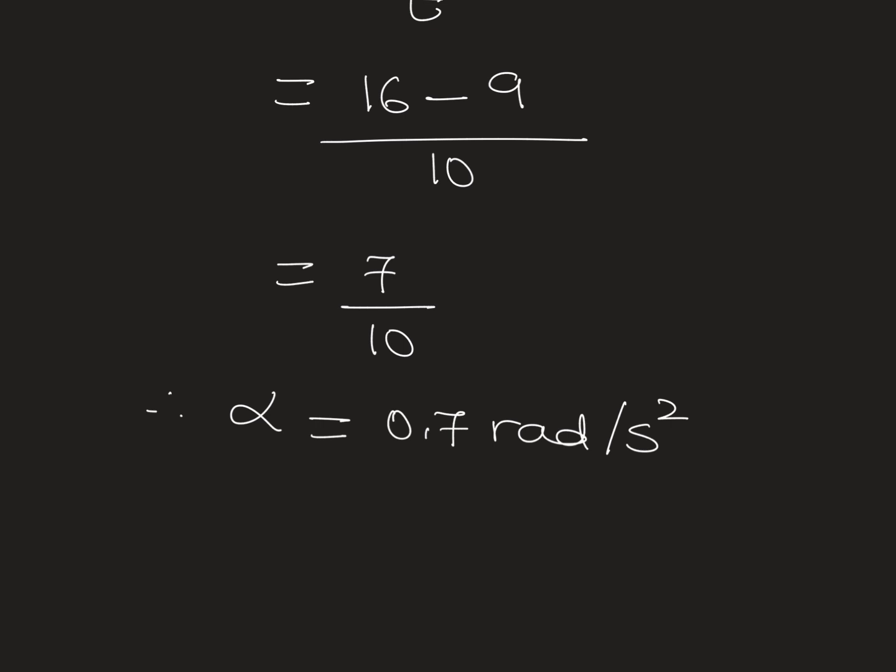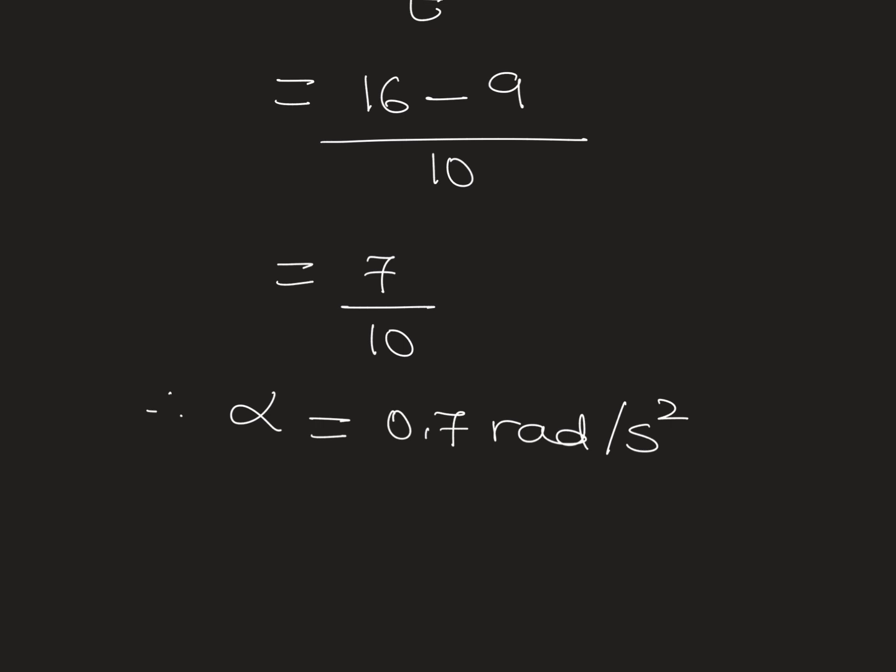Okay? I always try to emphasize that you should not confuse angular acceleration with centripetal acceleration. One is a linear acceleration, which is the centripetal acceleration, and you should always differentiate it from the angular acceleration.